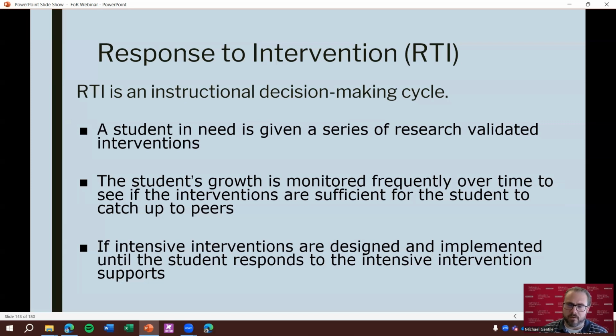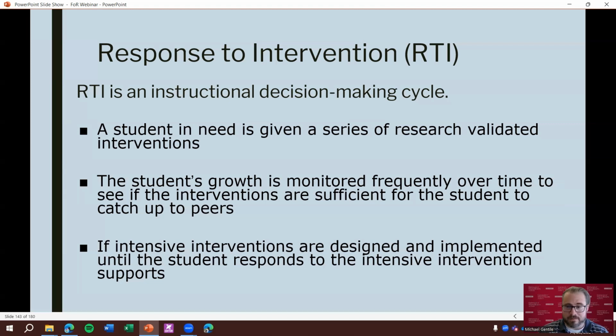You're monitoring their growth frequently over time. Everyone is monitored during a universal screening or universal benchmarking. This is when everybody goes into the cafeteria and reads a page for a minute or something. That's universal screening.